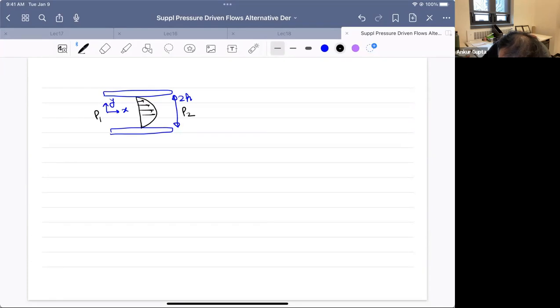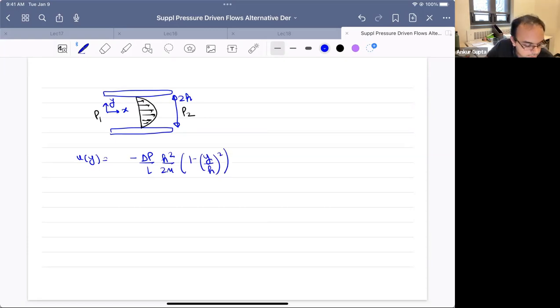We found the velocity profile to be u of y is equal to minus delta P by L, h square by 2 mu, into 1 minus y by h whole square. Okay, so this is what we found in the morning. Remember that delta P is actually P2 minus P1.